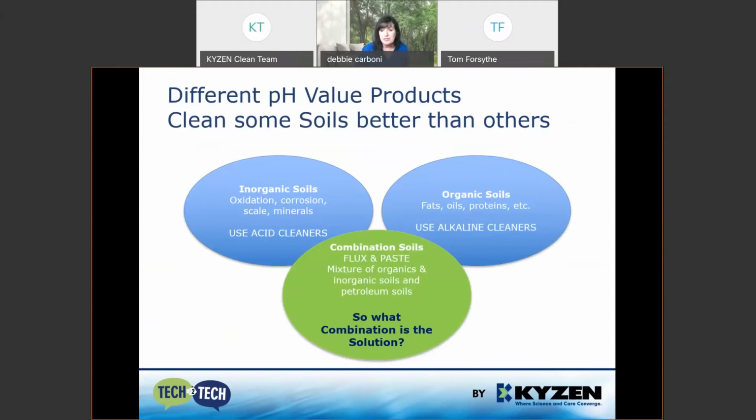Fluxes also act as a cleaner since their job is to remove metal oxides. And solder pastes are a complex mixture of organic and inorganic materials themselves, making them a combination soil. So what combination cleaning technology and what pH is the right choice?